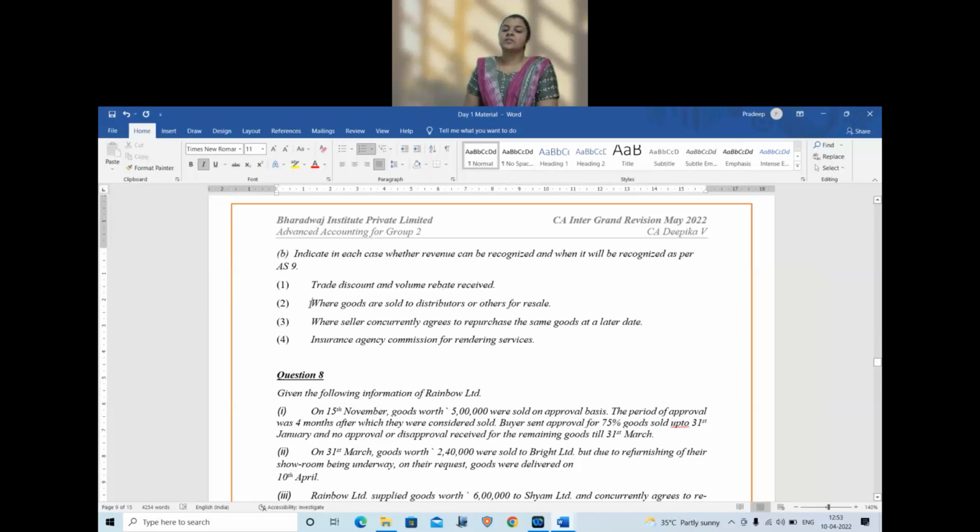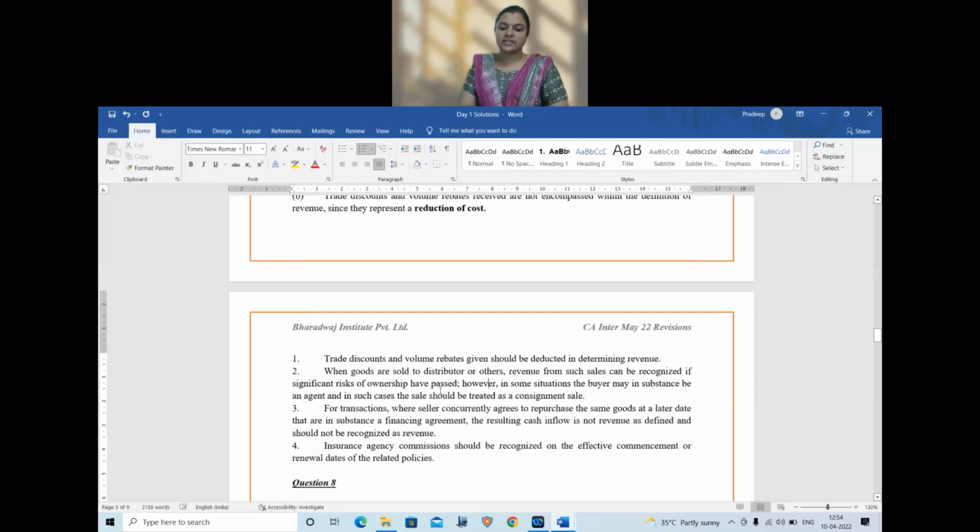When goods are sold to distributors or others for resale. When I'm selling the goods for resale, which means I have some product which has come back to me, I'm selling it again. What is the rule for sale of goods? Sale or resale doesn't matter. Significant risk and rewards need to be transferred.